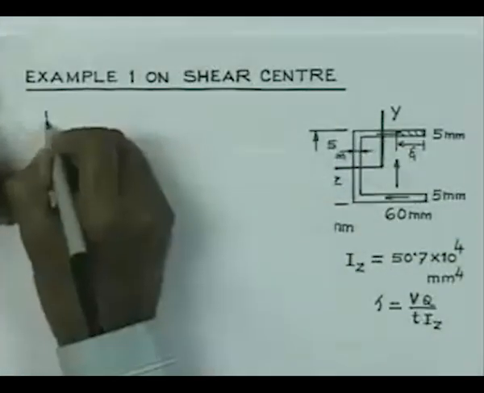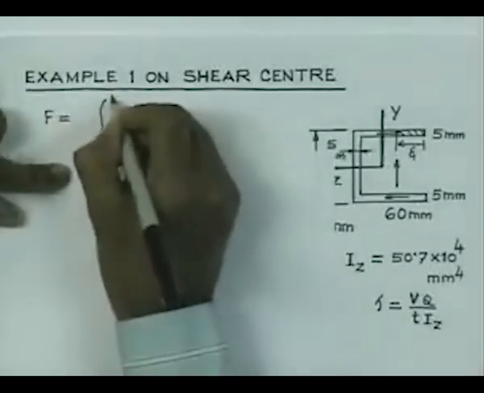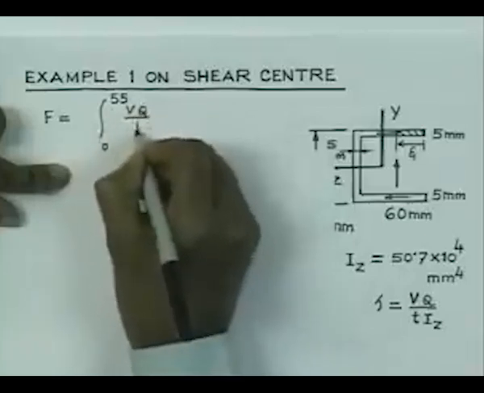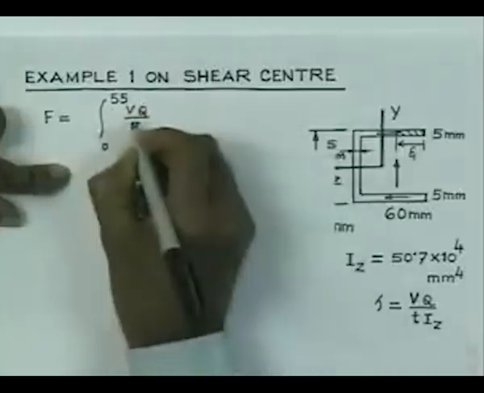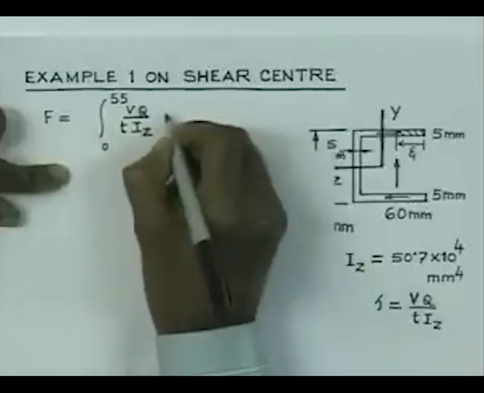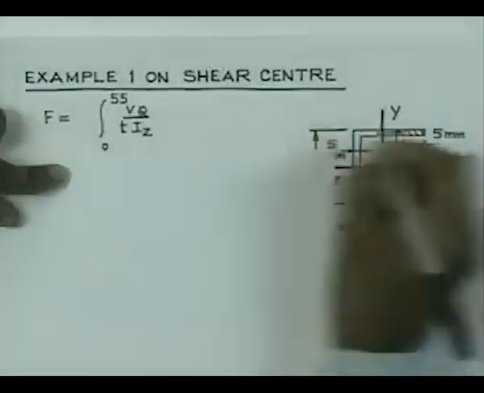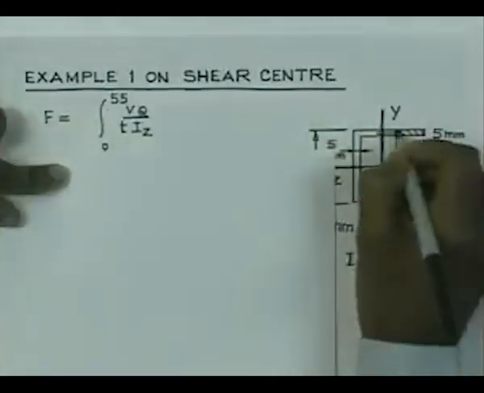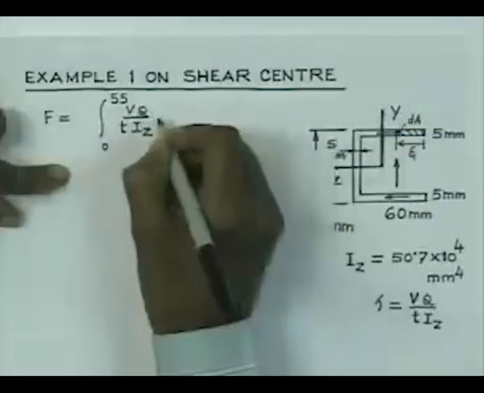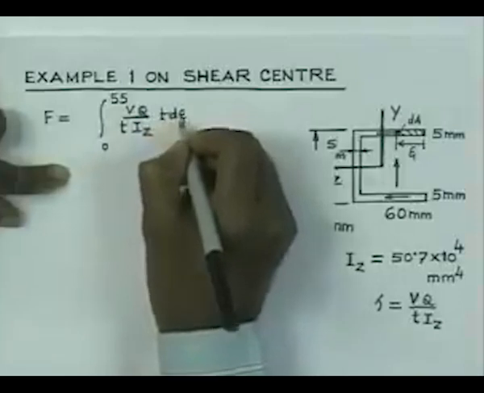So, the total force is going to be the integral from 0 to 55 of VQ by t Iz into dA. Q is of course this area, and if I consider an elemental area dA, this is t into d xi.